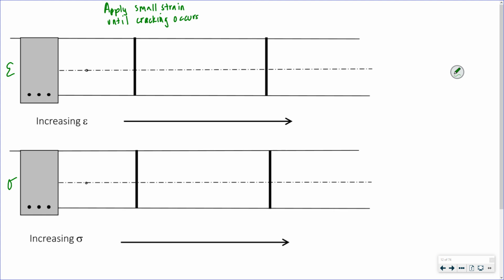If I am in positive bending, the bottom of my beam is in tension. And as I apply more and more strain, more and more load, I will reach the cracking strain associated with cracking of the beam in tension at the bottom.